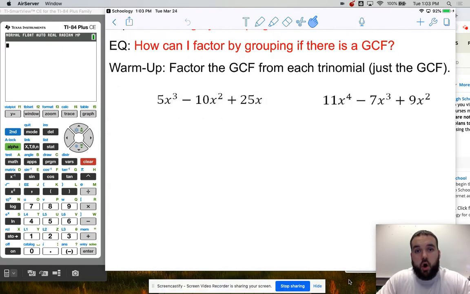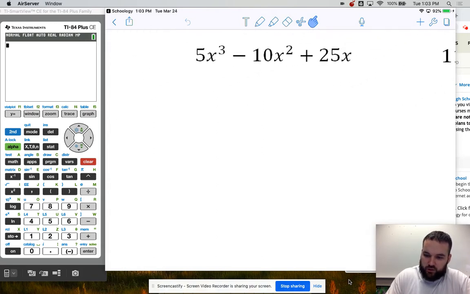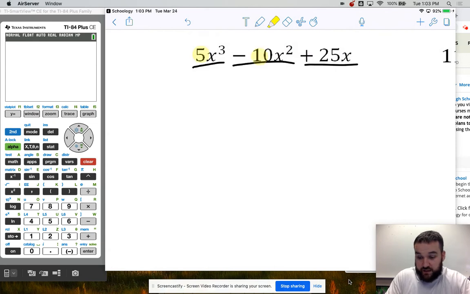For a quick warm-up, all we're going to do is factor out the GCF from each trinomial. Remember, when we say greatest common factor, that letter C in the word common means it has to come from every term. So these 3 terms, what do they have in common? Well, the coefficients are 5, negative 10, and positive 25. Those can all be divided by 5.